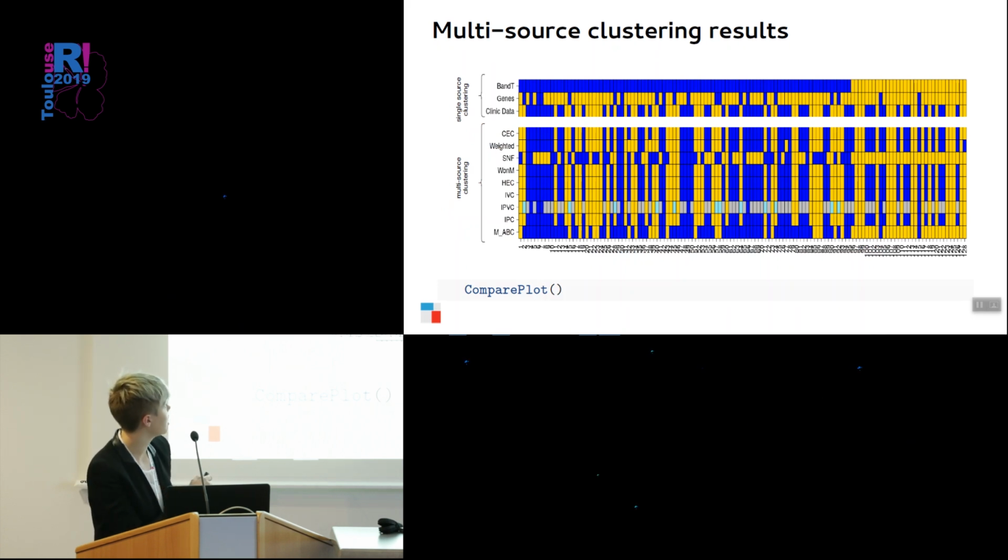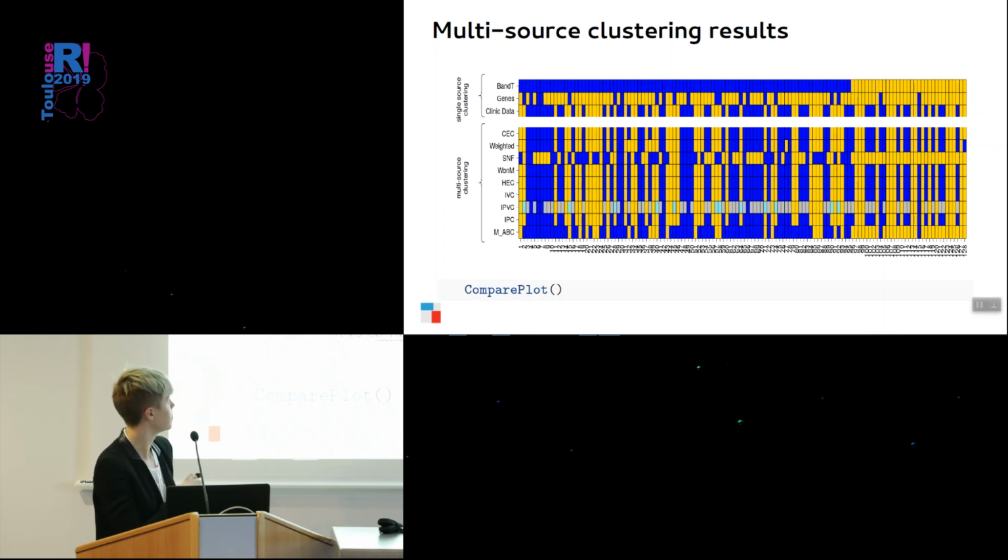So here again, we see our single source clustering results. Well, actually, the first one is representing the truth. So this is the true composition, with the blue group being the B-type leukemia, and the yellow ones being the T-type leukemia. We can see that in gene expression as well as in clinical data, this is not found.